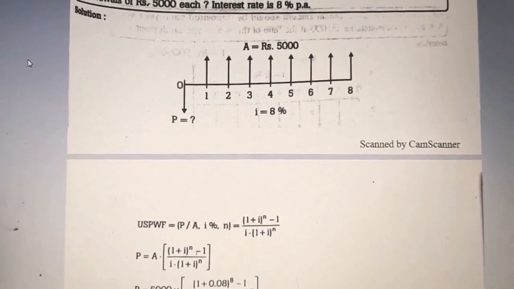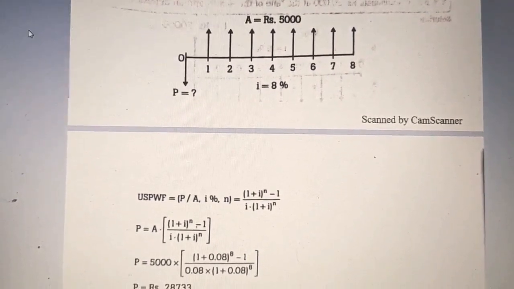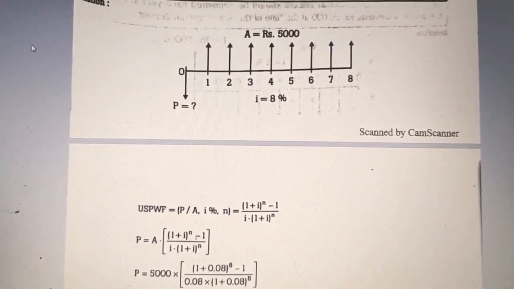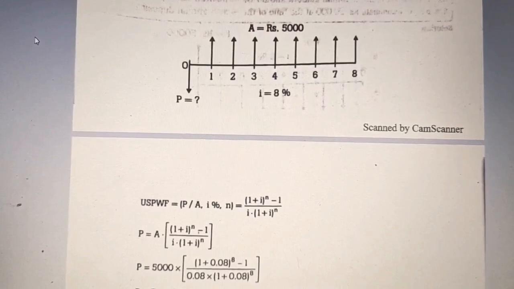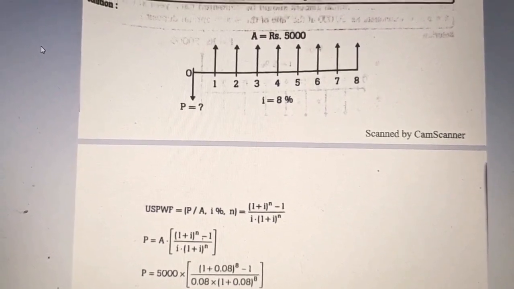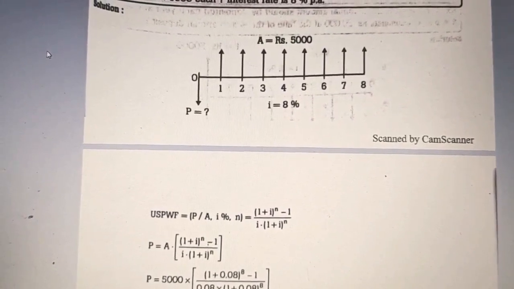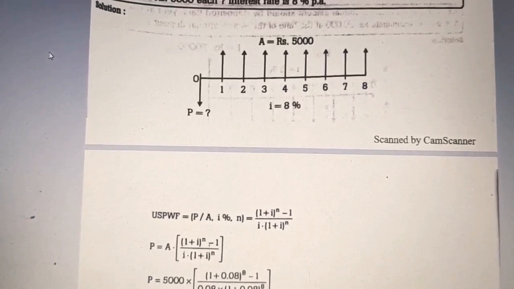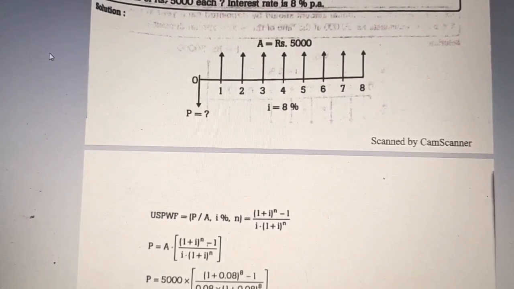The horizontal line represents two parameters, the rate of interest and the duration, and the vertical lines, as I already explained, the downward vertical line is cash outflow and the upward vertical line represents my cash inflow. So here you can see this cash flow diagram is exactly the reverse of my third numerical problem.